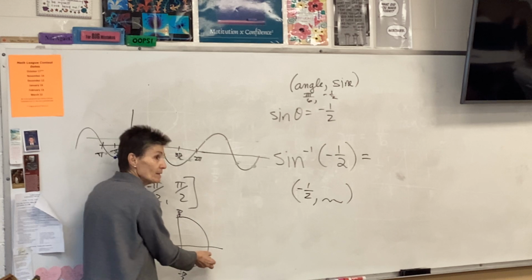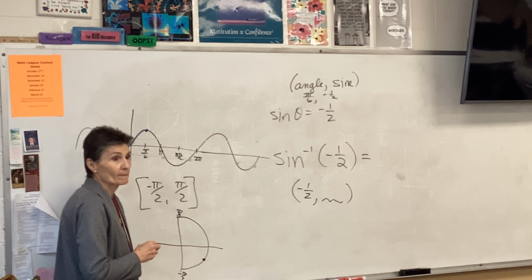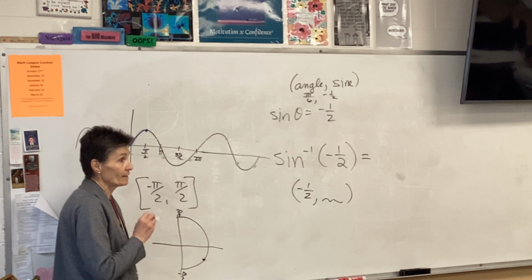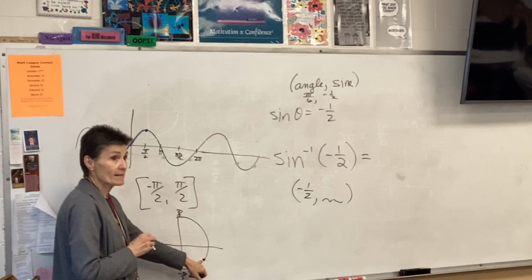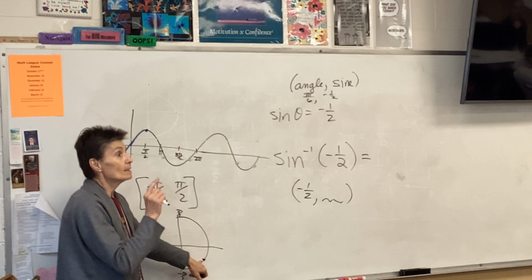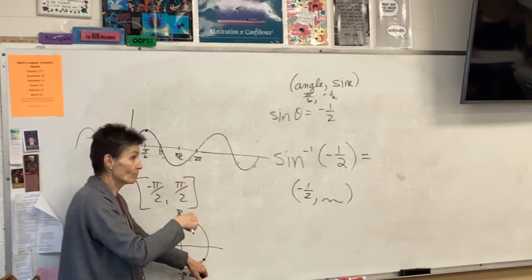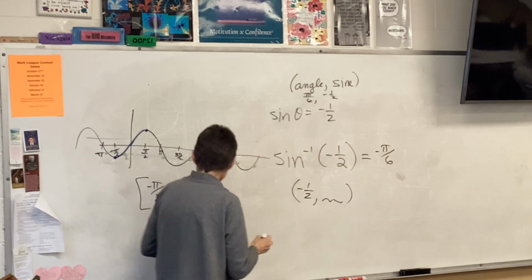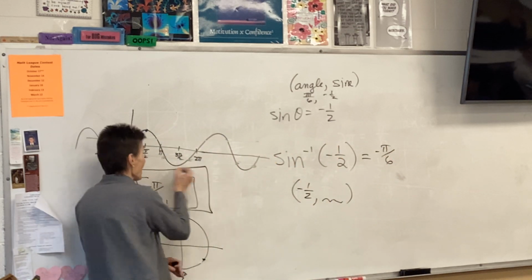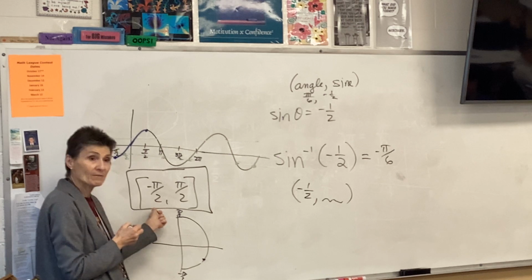Well, it would have to be down here, right? And the reference angle is π/6. So what angle is that? Be careful. -π/6. Because any answer you give me has to be in that interval.